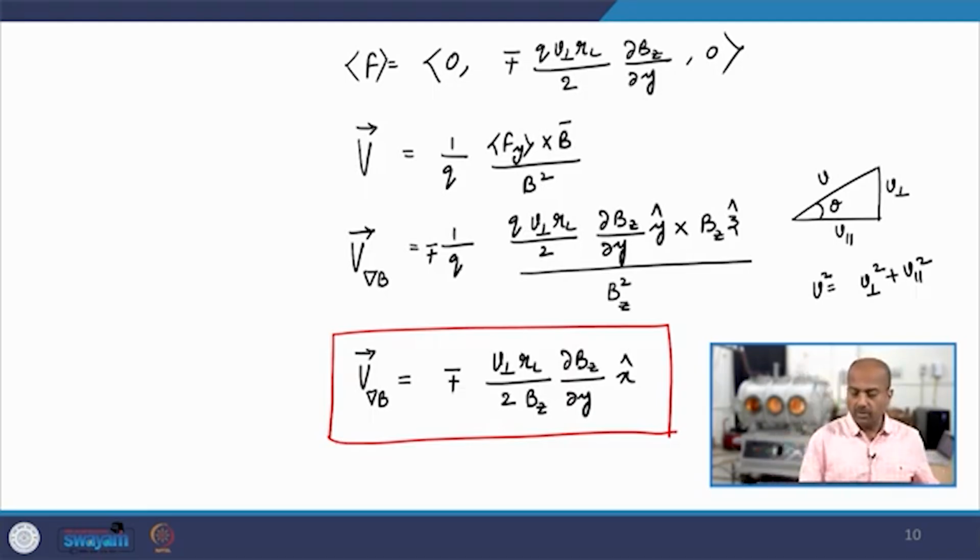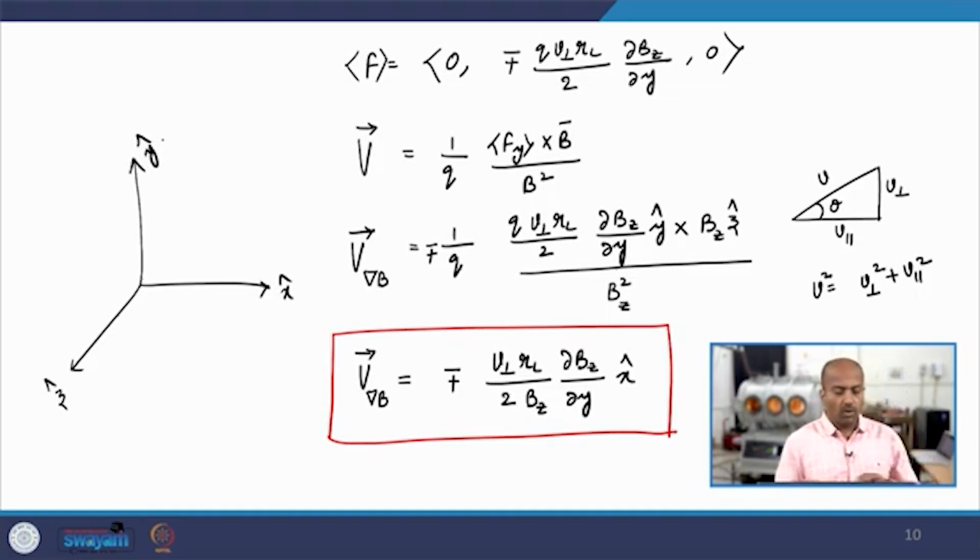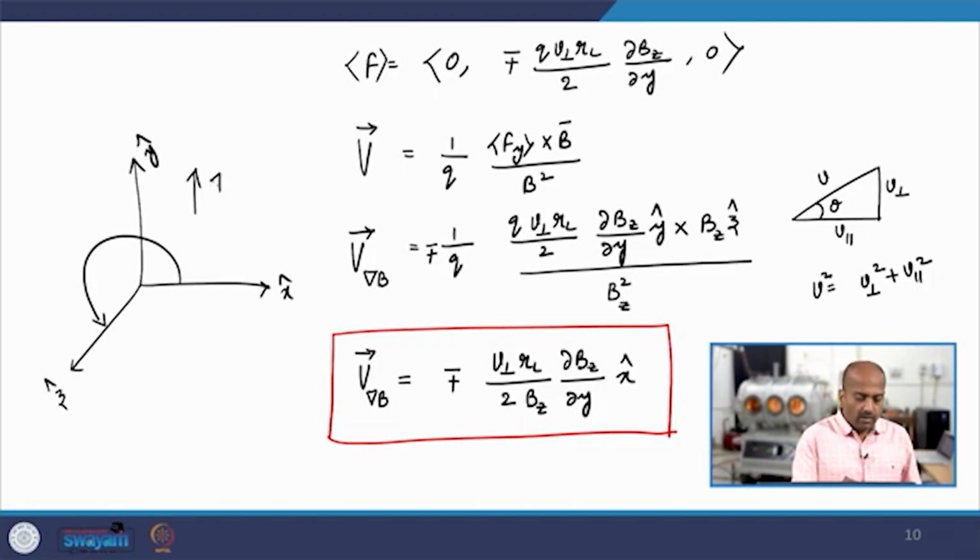Let us put some reference here. This is the z cap and this is the x cap and this is the y cap. The choice of coordinates is that we are taking x, y and z like this. Now, this is the direction in which the magnetic field's gradient is there, and this is the direction the magnetic field is present.